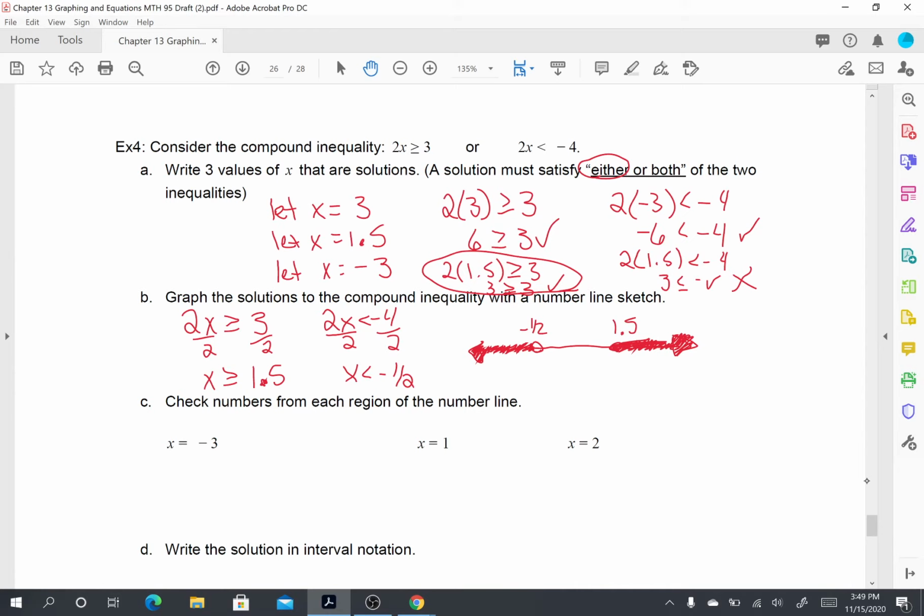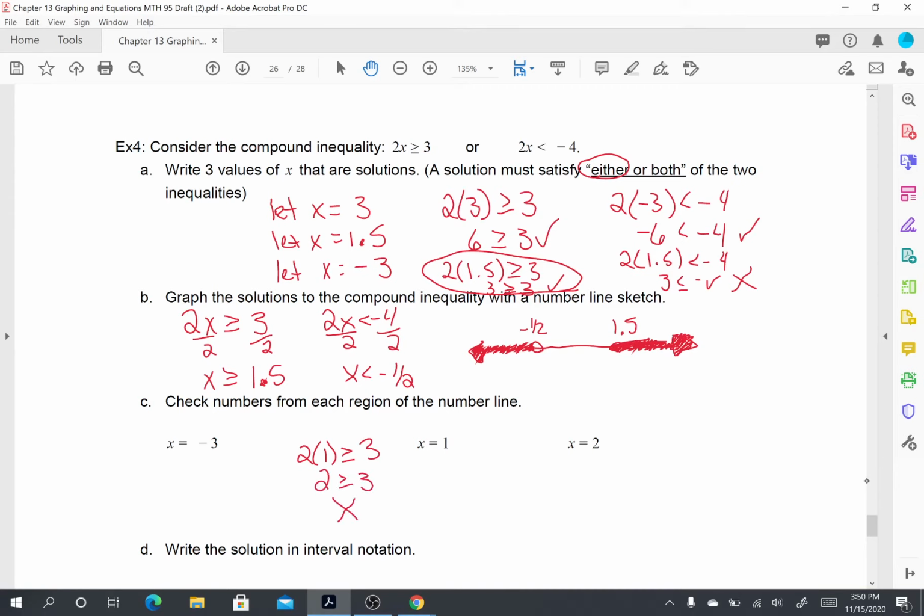Check numbers from each region of the number line. Okay, so we're going to check negative 3. We already did that one from up above. We put in negative 3 and we showed that it worked out. So we've got a new one, x equals negative 1. Or excuse me, x equals 1. So let's put that one in. 2 times 1 is greater than or equal to 3. 2 is greater than or equal to 3.